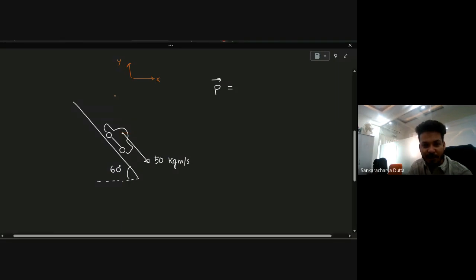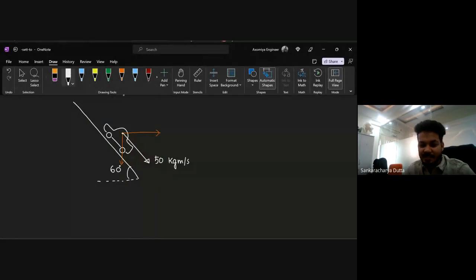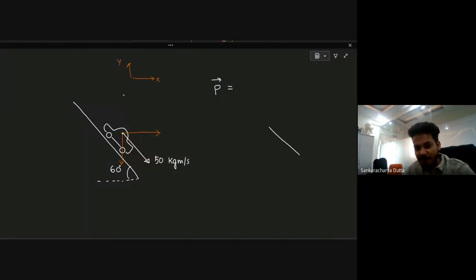One vector will be pointing like this, and the other one will point downwards. How am I doing this? It's just common sense. If you have a triangle going like this, one vector has to go in this direction and the other has to come down this direction. There is no other option.